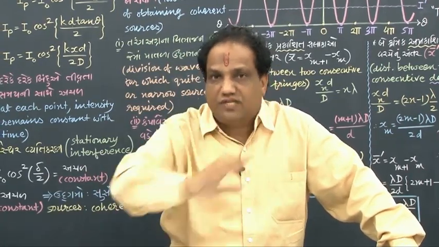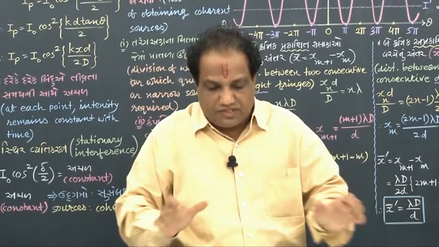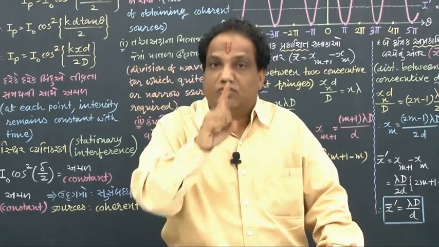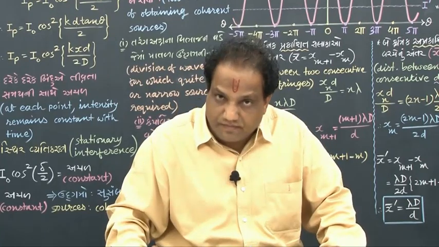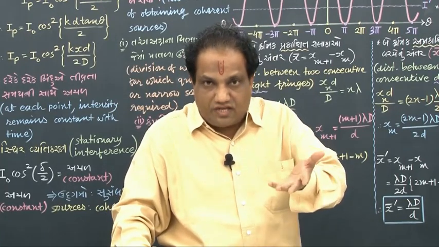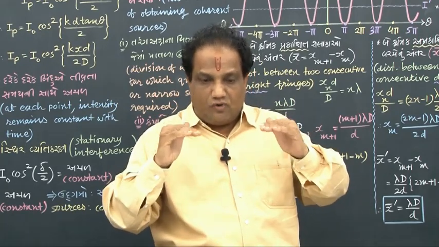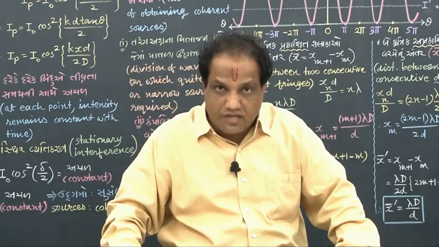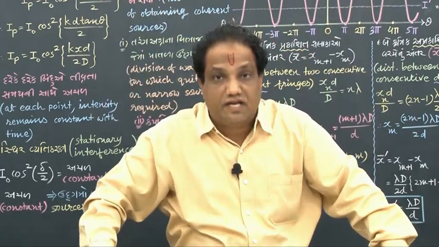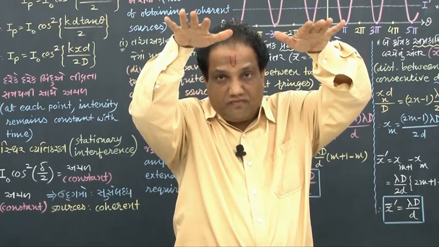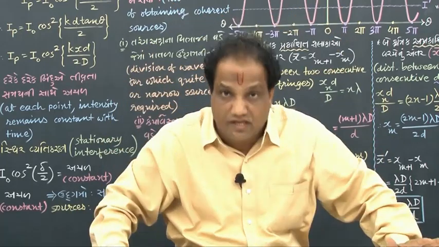Actually, it is not stationary interference, because when you are passing current through the filaments of these two bulbs, you are spending electrical energy, and because of the energy given to the electrons in the filament, they make transitions from lower to higher energy states. But in the higher energy states they are excited, they are not stable, and after some time they will make transitions to the lower energy state.